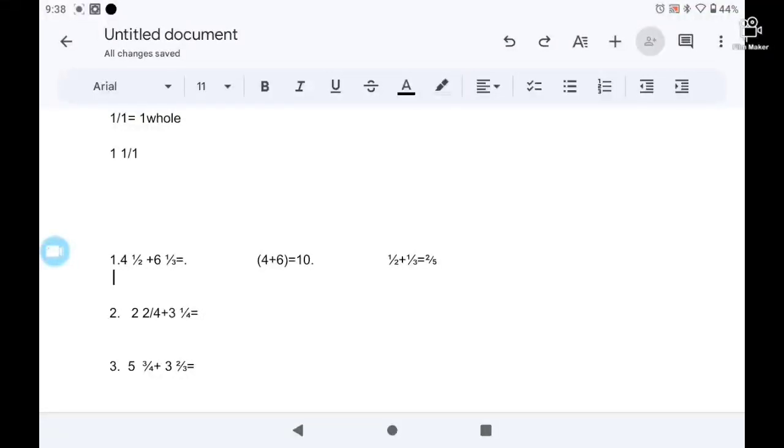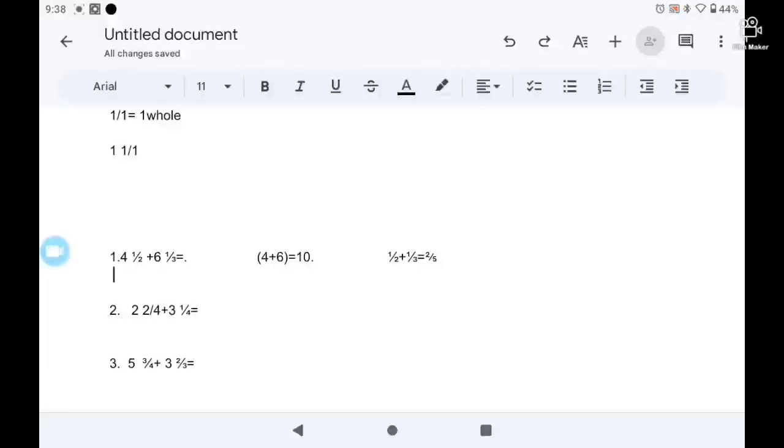Our first one is 4 1/2 plus 6 1/3. You remember that we start off with the whole numbers, which are 4 and 6, which equals 10. So 10 is our new whole number. Now we take our fractions, which are 1/2 plus 1/3, which equals 2/5.